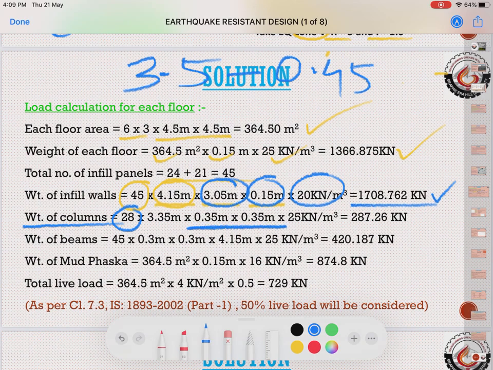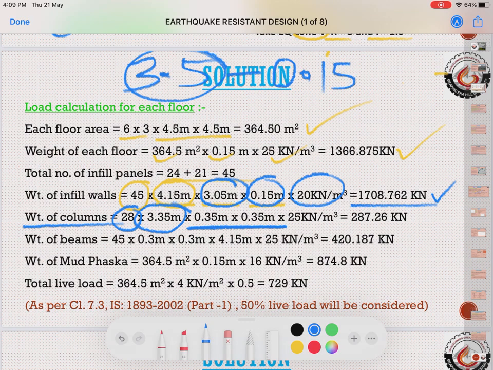Then comes the self weight of all the columns. There are 28 columns. They are multiplied by the cross sectional area of the column and the height of the column. Why 3.35 meter? Because the column height is actually 3.5 meter, but 0.15 meter is covered in the slab, the diaphragm.